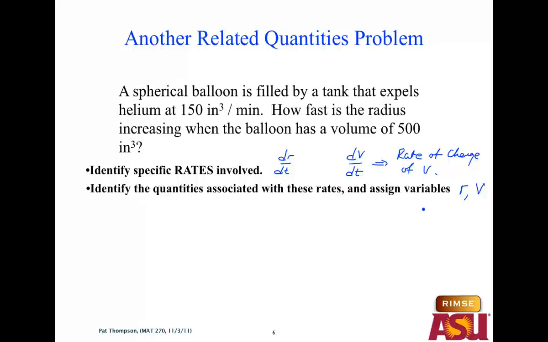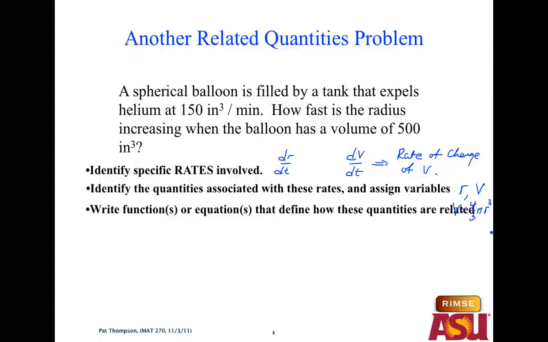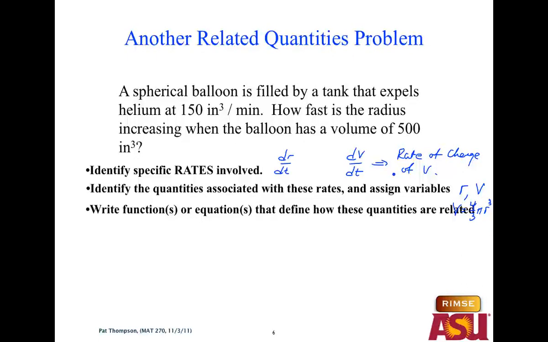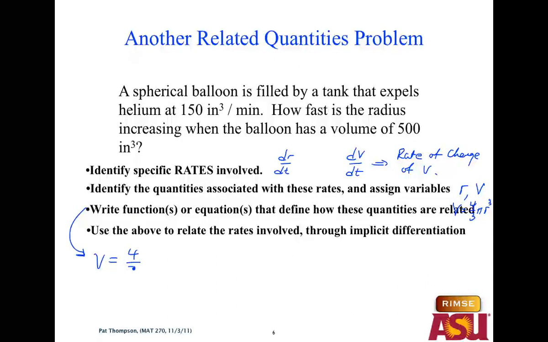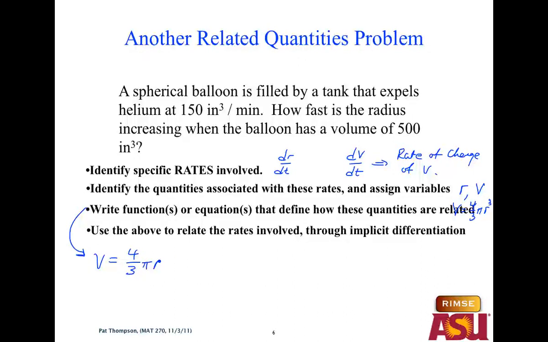Volume of a sphere: 4/3 pi r cubed. That's the same step. So this is our 4/3 pi r cubed, and from that, we can get the related rates equation.